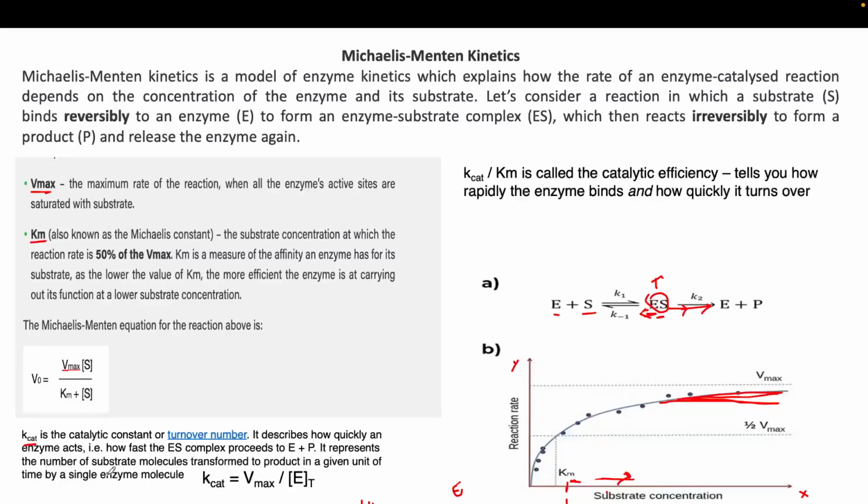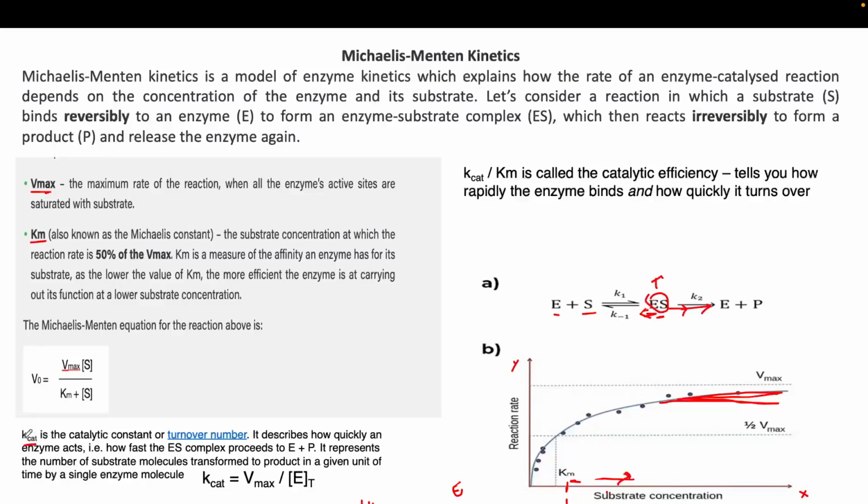It represents the number of substrate molecules transferred to product in a given unit of time by a single enzyme molecule. In general terms, it is how quickly the enzyme can convert the substrate to product, so it indirectly defines the time required for converting the substrate to product.